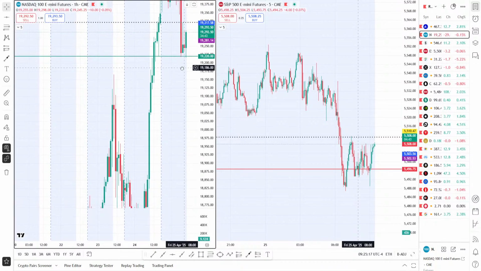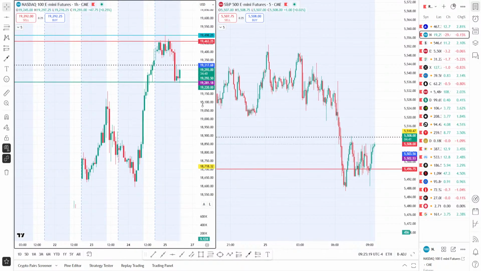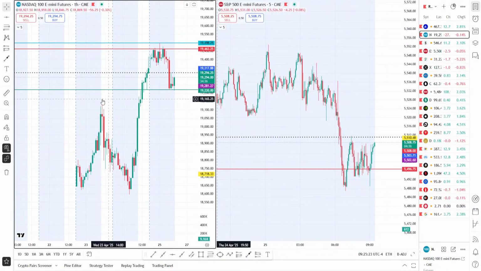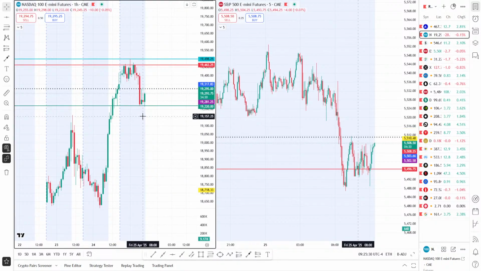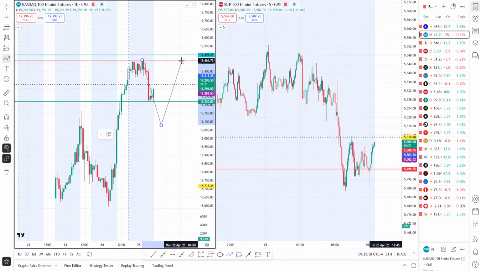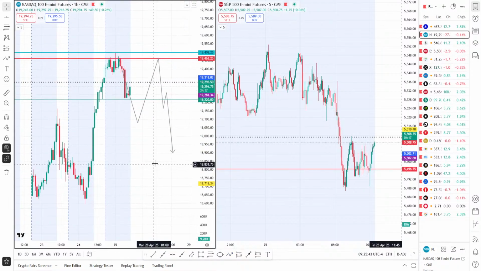All right, pretty simple. We are on an uptrend. We made higher highs from yesterday, breaking above these highs here. And price is coming down, probably looking to pull back and then probably retest before we see a change in direction.